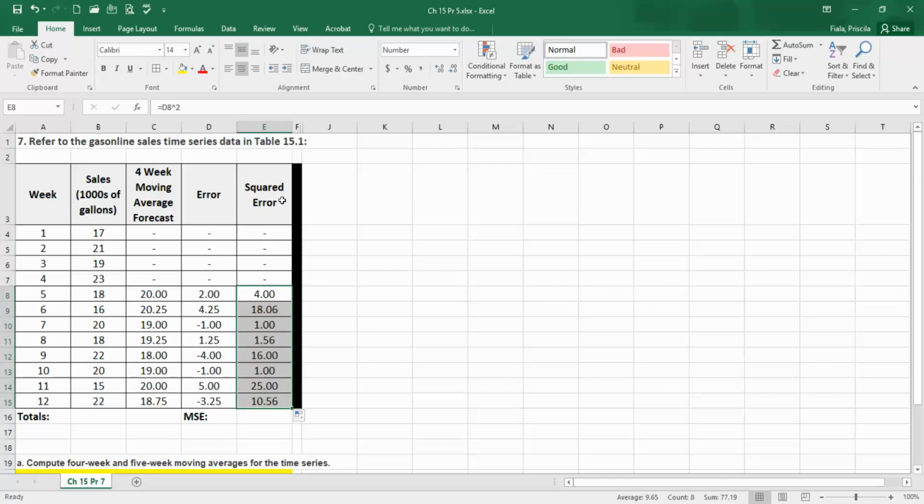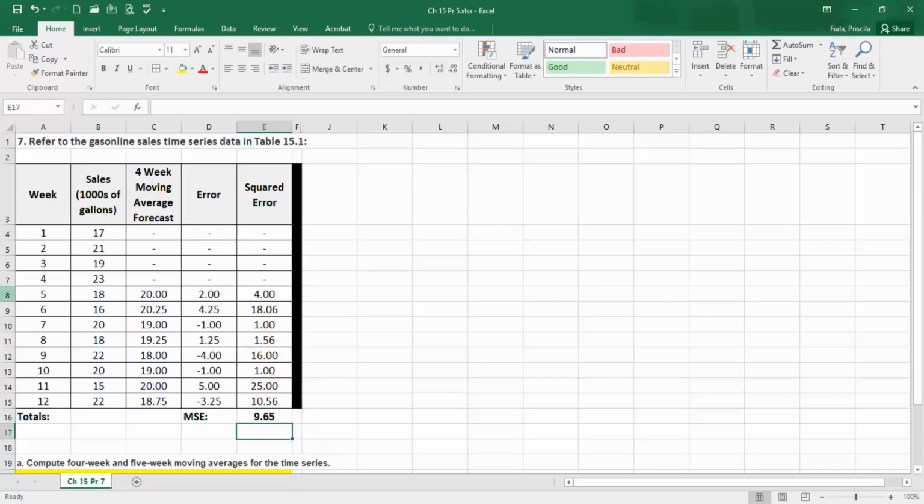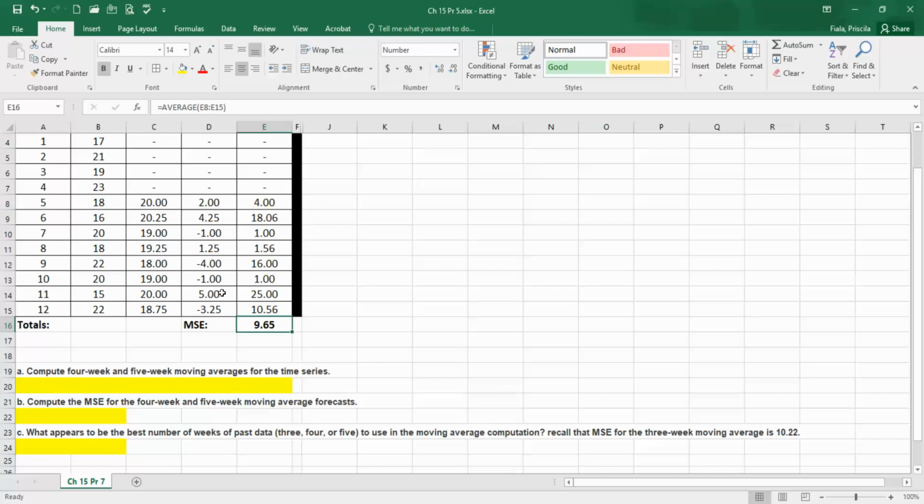Okay, so now remember, square error or error square, the MSE stands for mean square error. So the average of my square error values. So we're going to average these values right here, enter, and that would be 9.65.